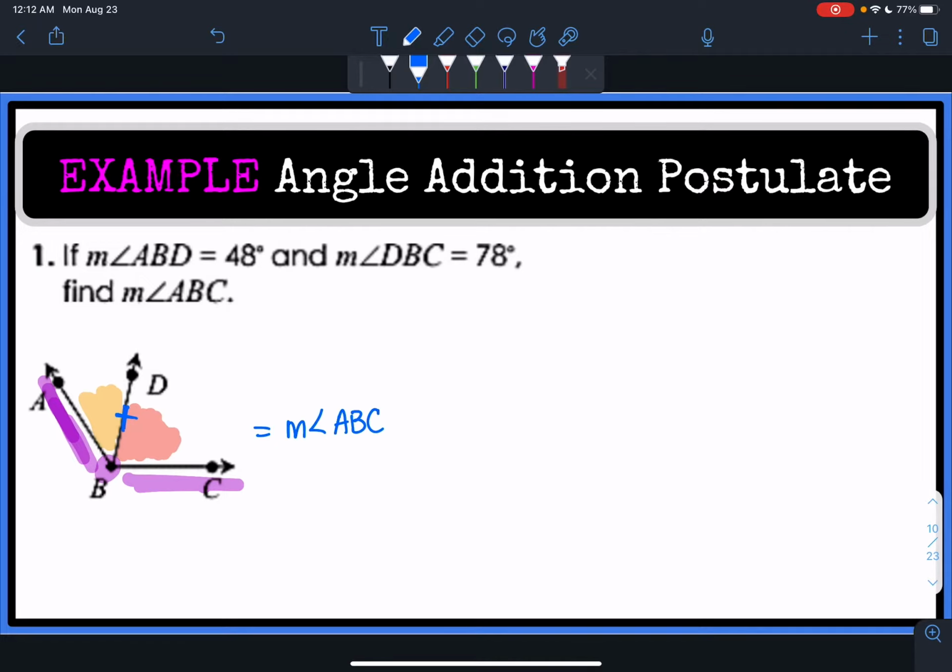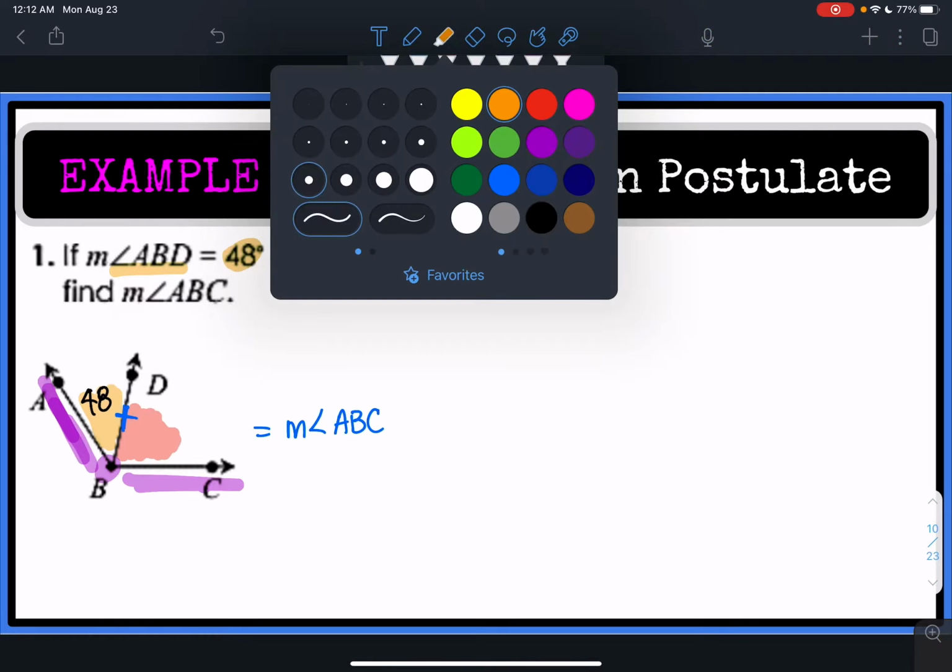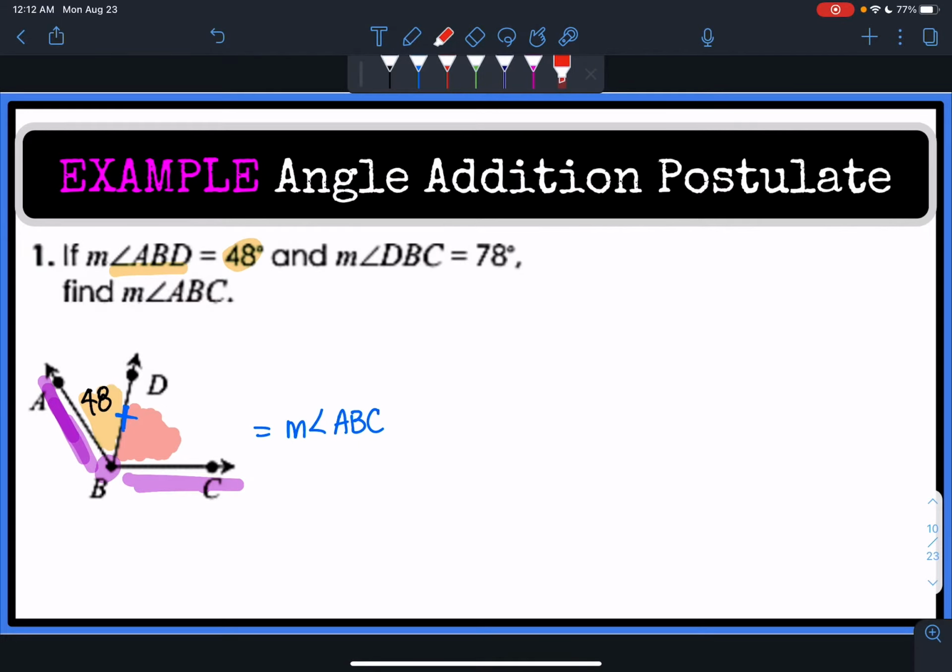Well, let's see what we have here. According to what's given to us, the measurement of ABD, which is the orange one, is 48 degrees. So this is 48. And the measurement of DBC, the red one, is 78.